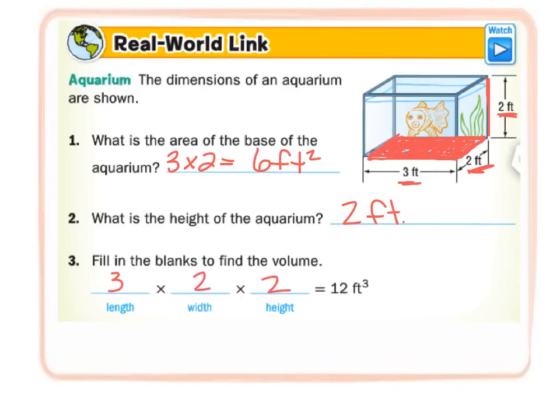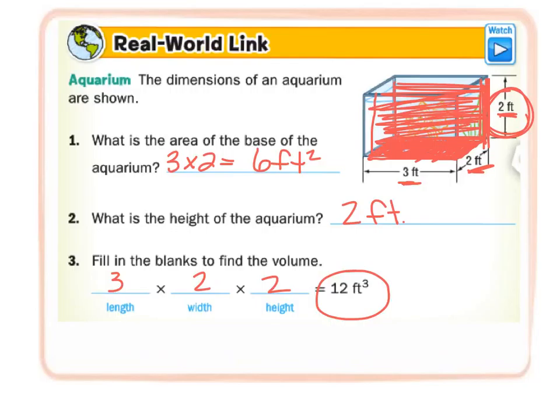Basically you have this red square down here, which is 3 times 2, and you're filling it all the way to the top to see how much water can fit in that aquarium. So you take that base times this height, and that's going to fill the whole thing up, and you're going to get 12 feet cubed, or 12 cubic feet.